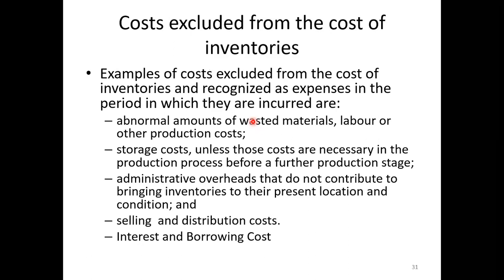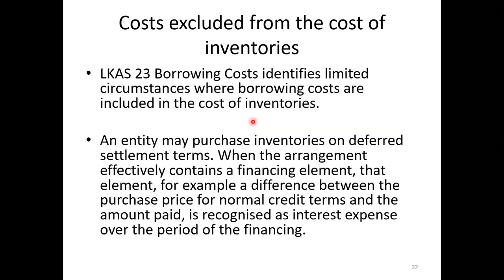Storage costs, unless those costs are necessary in the production process before a further production stage. Administrative overheads that do not contribute to bringing inventories to their present location and condition. Selling and distribution costs, interest and borrowing costs. That is LKAS 23. So you just go through it and you can find the basic idea.